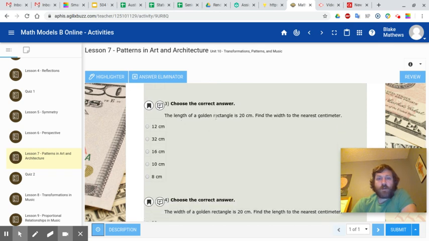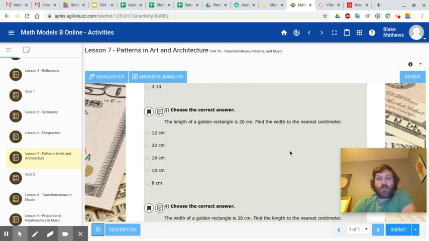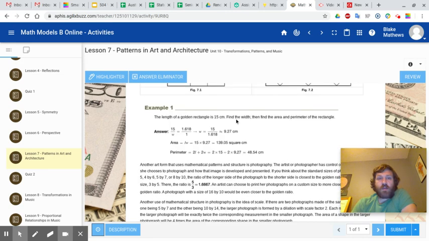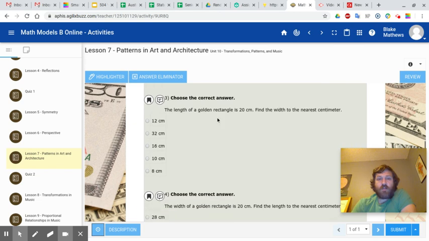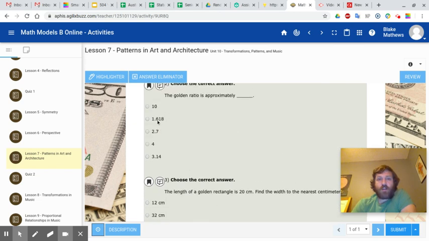The length of a golden rectangle is 20 centimeters. Find the width. Just understand what they explain up here is that in order to find the width, you divide by the ratio. So the ratio is 1.618.